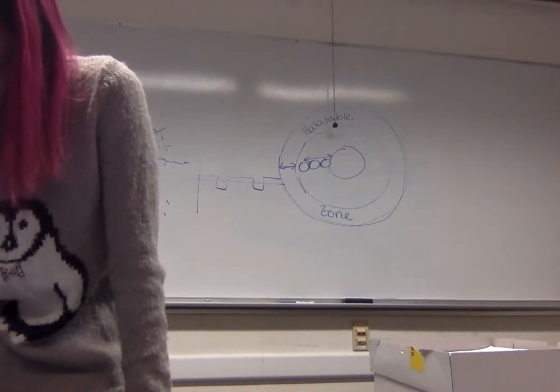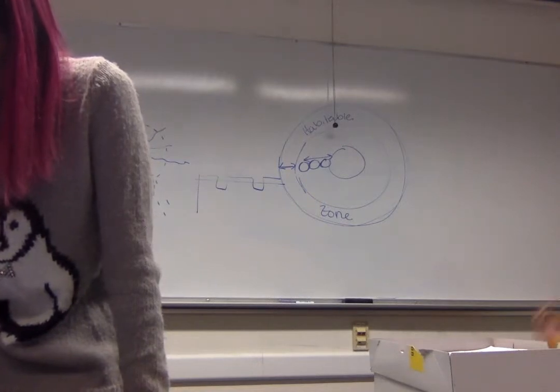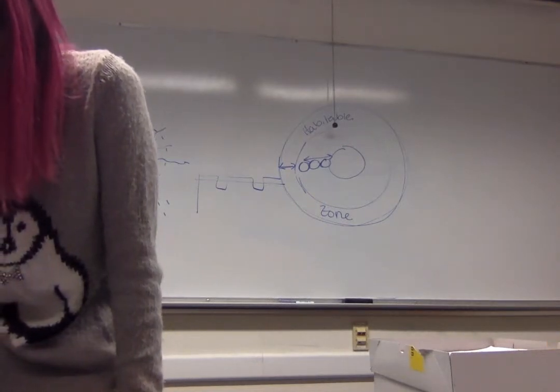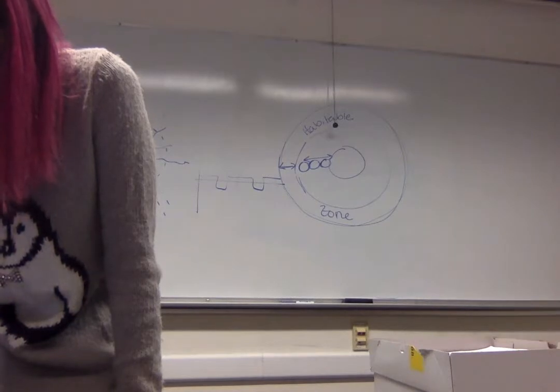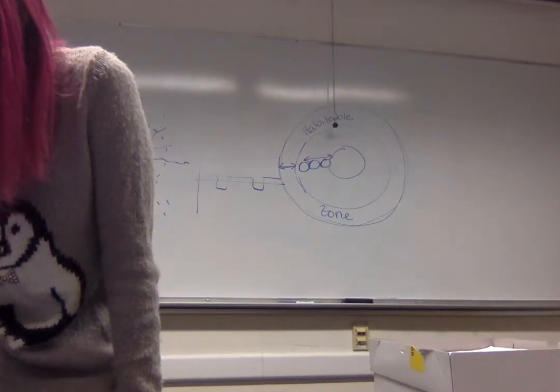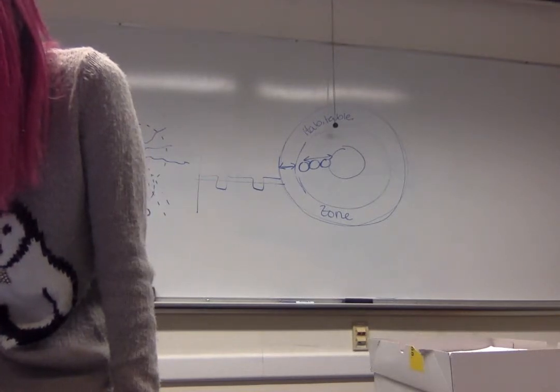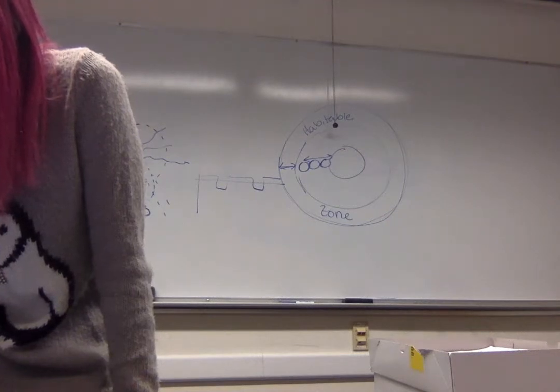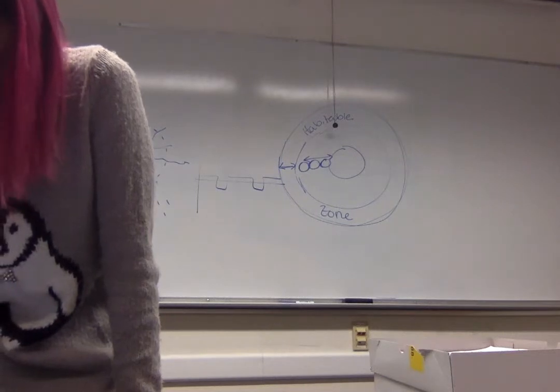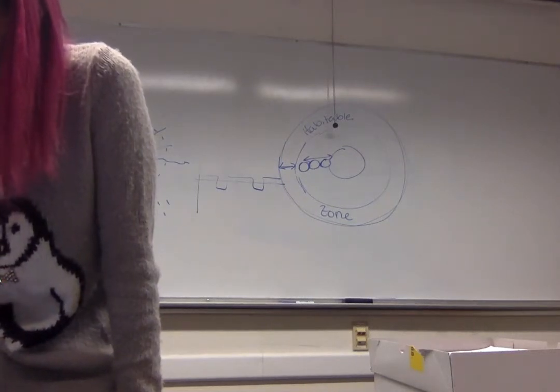Okay. I think that's all I have to talk about for exoplanets. Let me check really quick, see if there's anything else I want to say. So, yeah, so we expect most stars to have a couple planets.